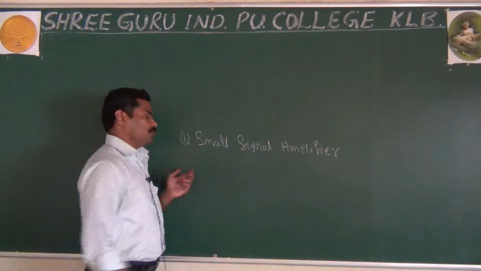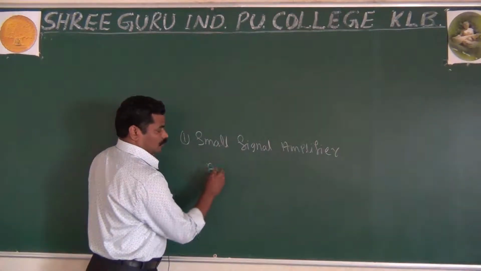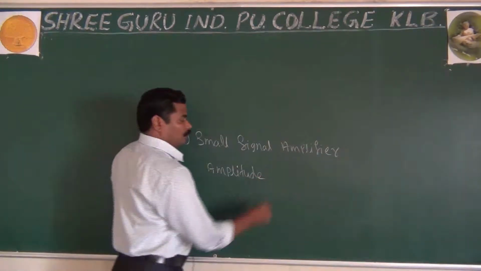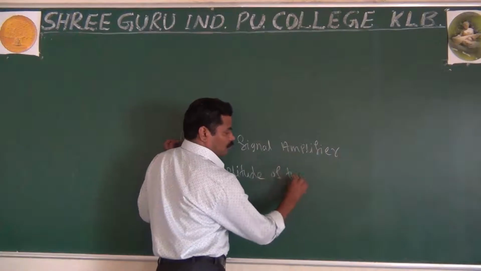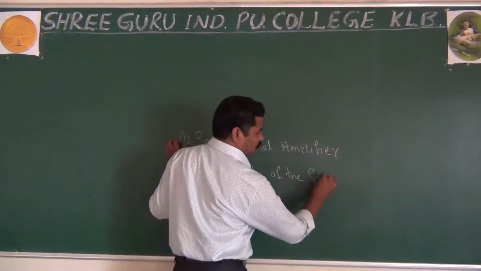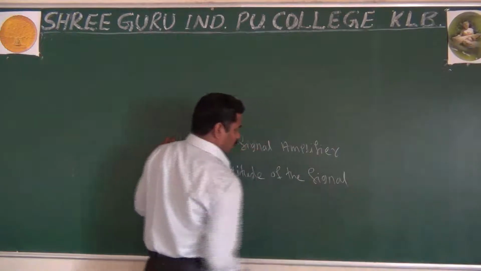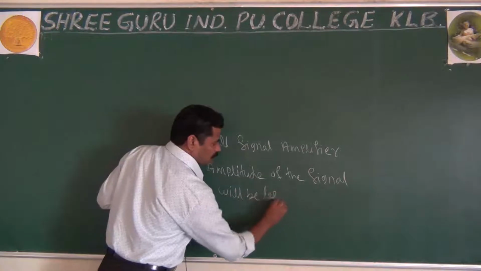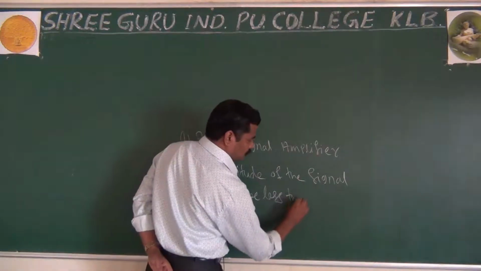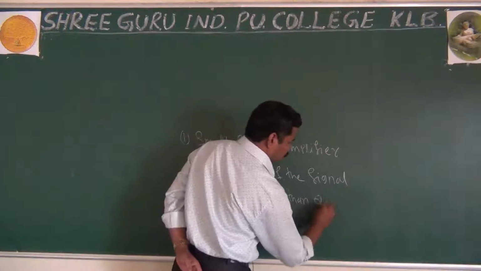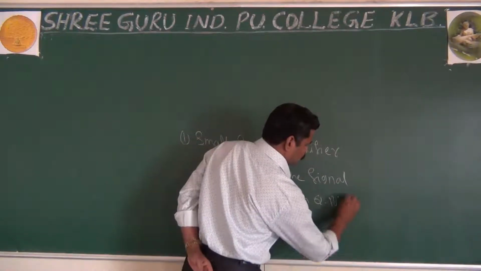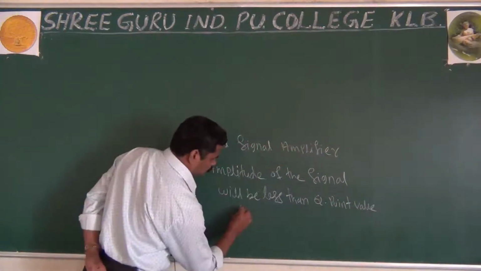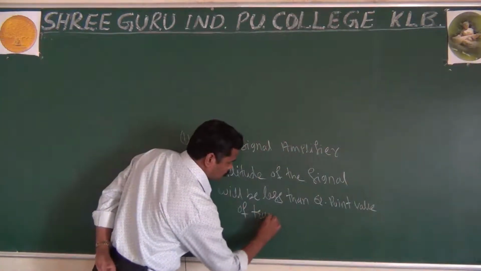Especially, it means we can write: the amplitude of the signal will be less than the Q point values of a transistor.